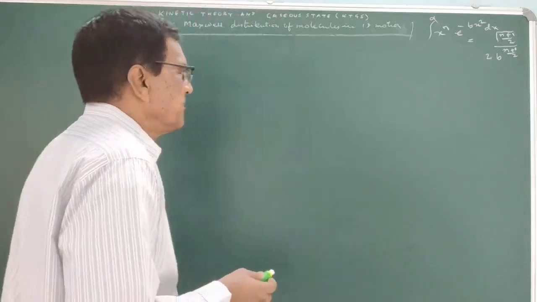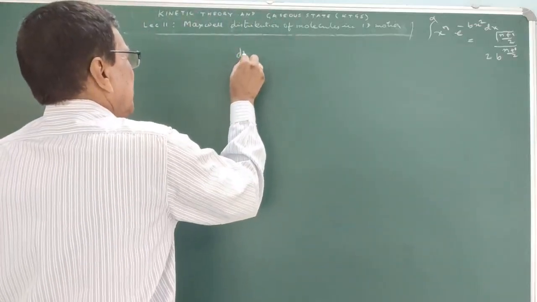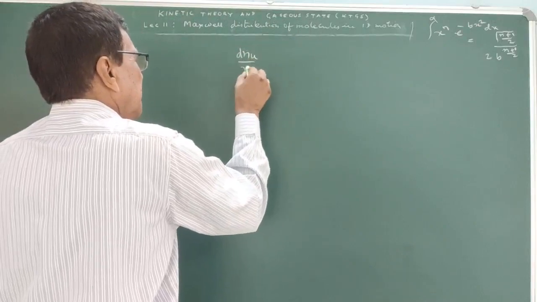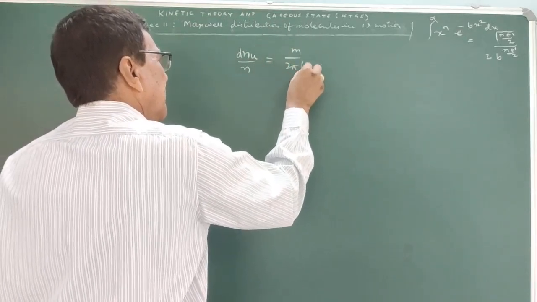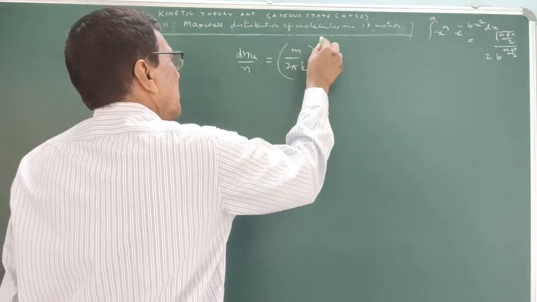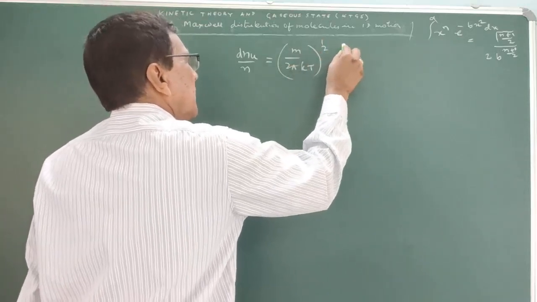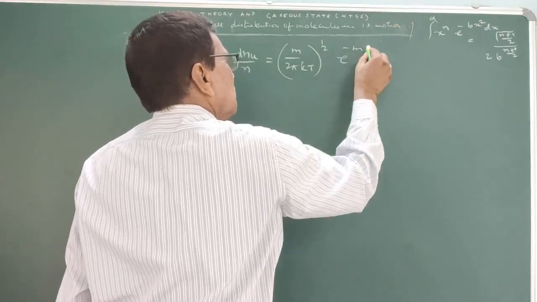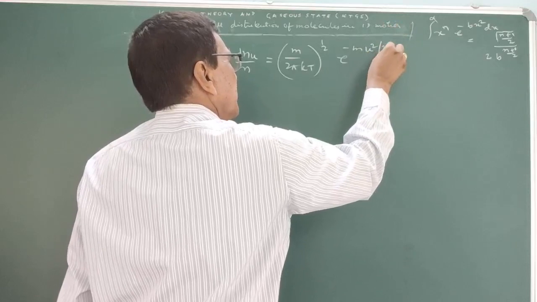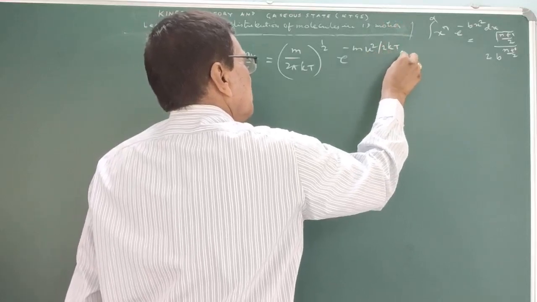So here dn_u by n equal to (m by 2 pi kT) to the power half, e to the power minus m u square by 2kT, into du.